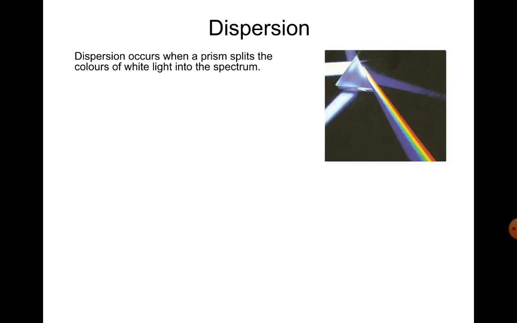Dispersion. I mentioned it already, but it's good to repeat this again. When you shine white light on a prism, you need to know all the colors in their order. What you will see is that white light in the prism is going to bend, and you will get an order like red, orange, yellow, green, blue, and then violet.